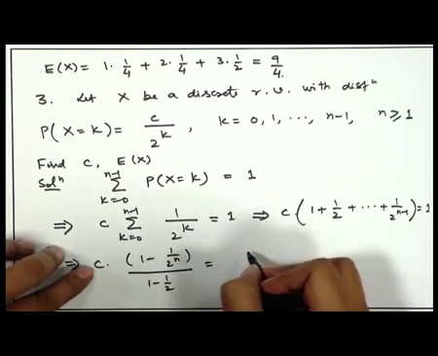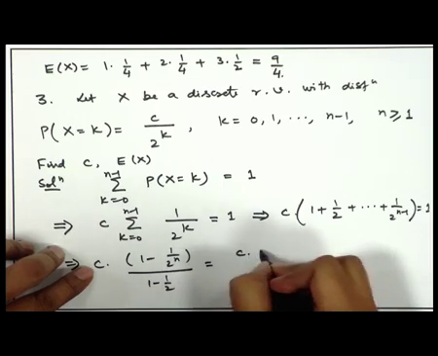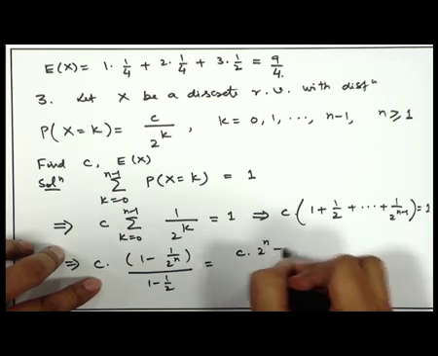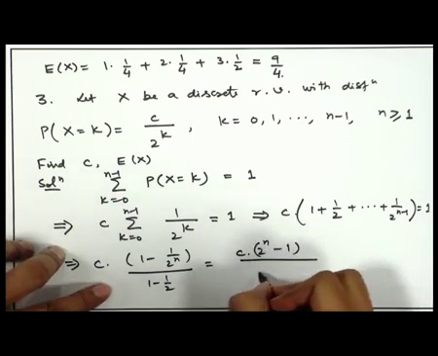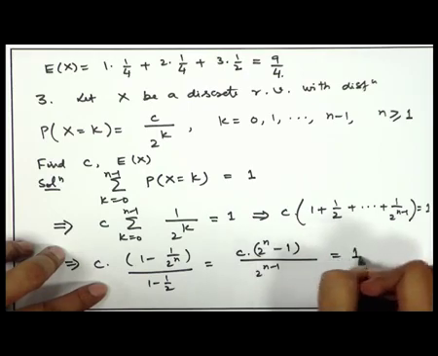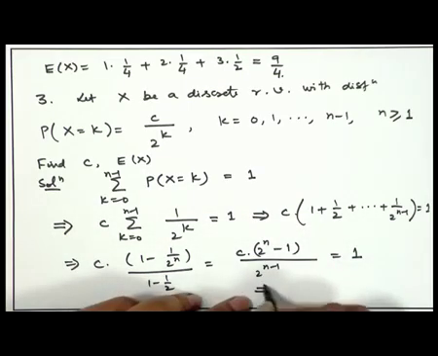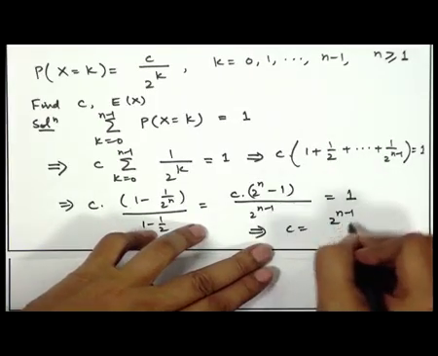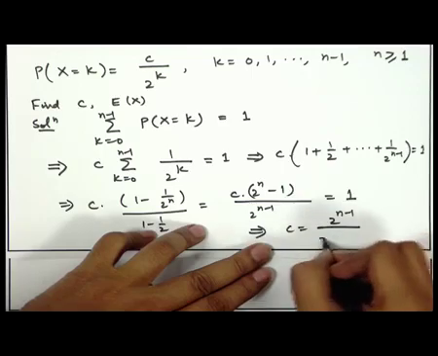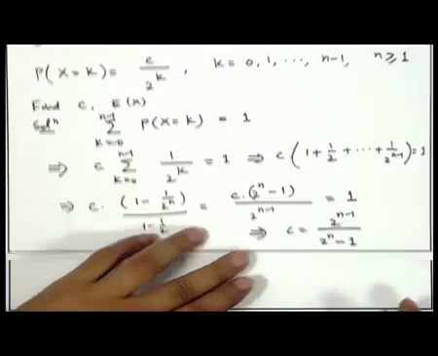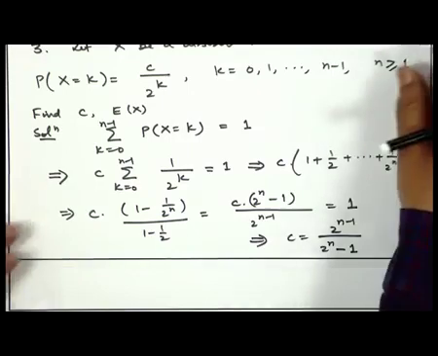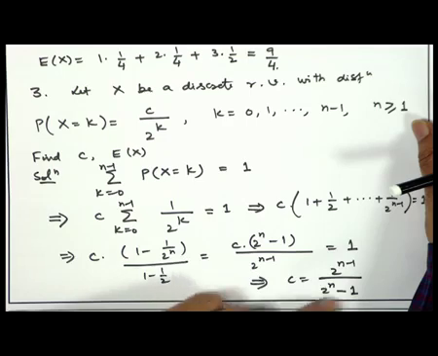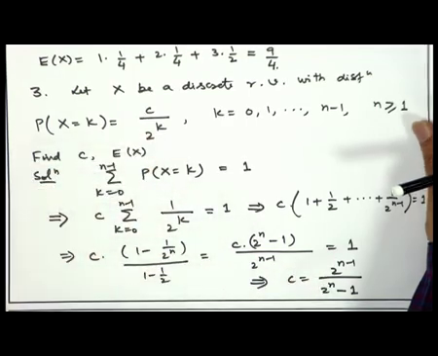So it is equal to c into 2 to the power n minus 1 divided by 2 to the power n minus 1. Now we are saying this is equal to 1, which will give the value of c as 2 to the power n minus 1 divided by 2 to the power n minus 1. So in the distribution of x, the value of c is given by this.